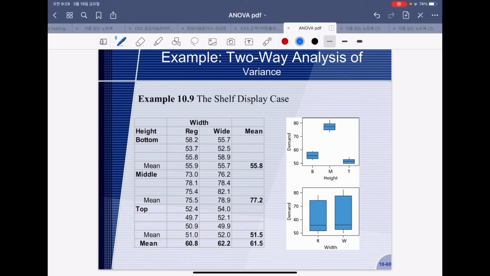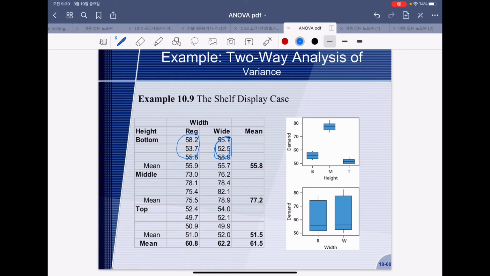For example, we have three observations for regular width and bottom height, and also three observations for wide width and bottom height, and so on.